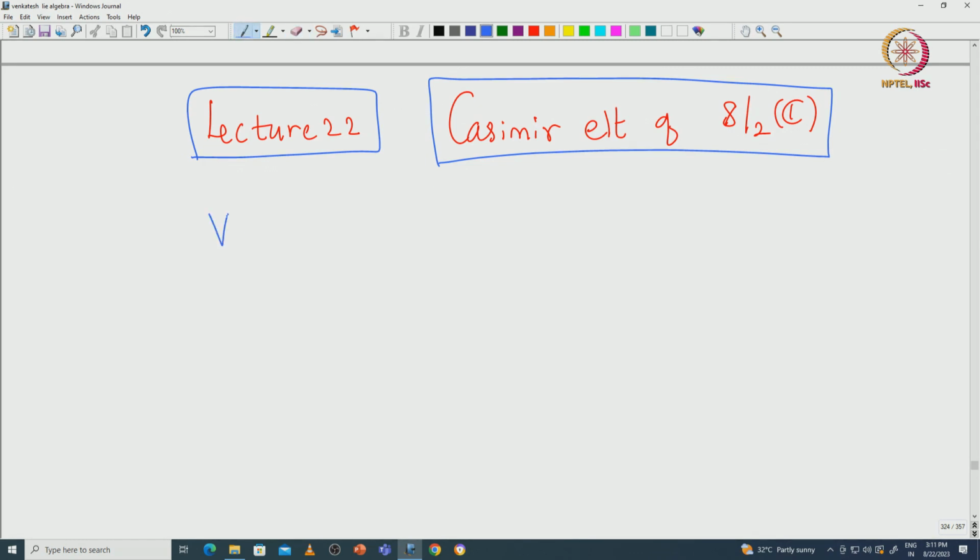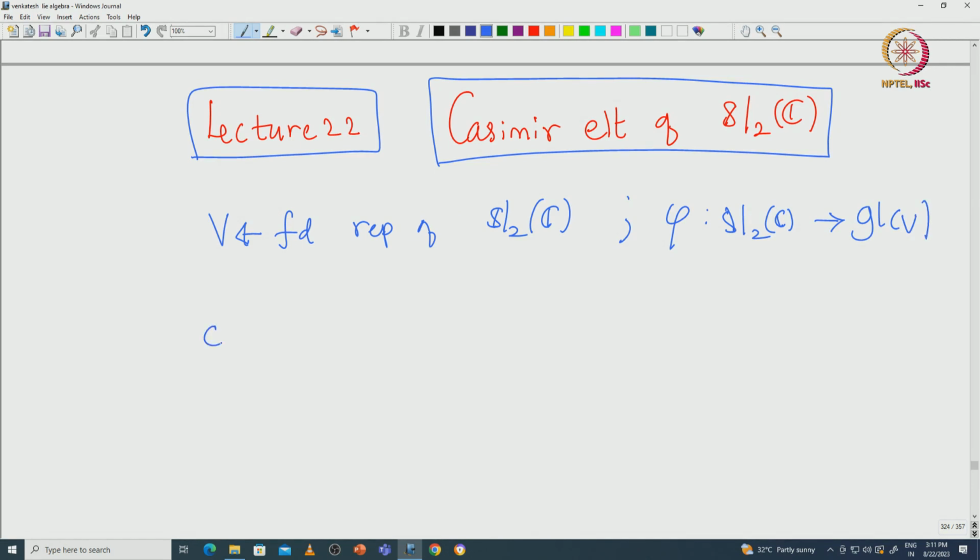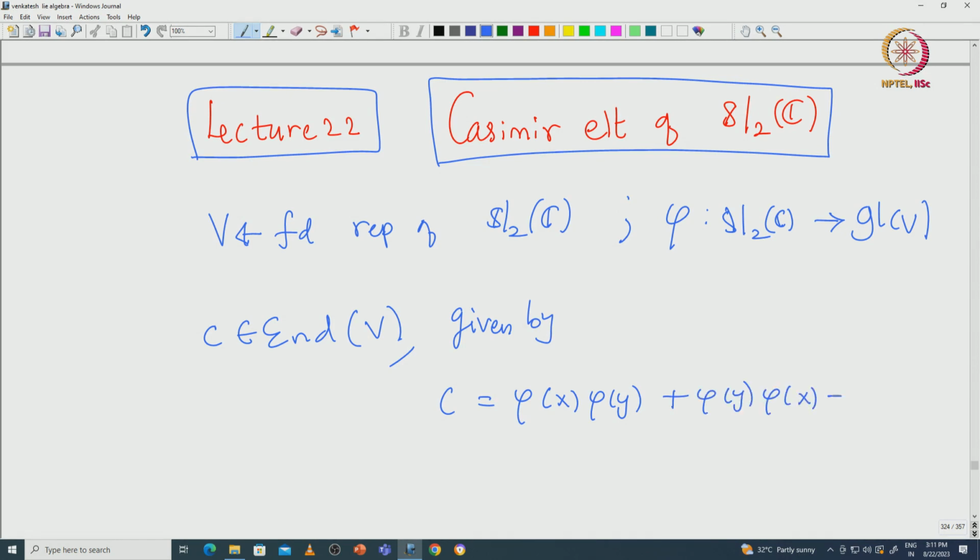You take V to be a finite dimensional representation of SL2C, say phi is the given map from SL2C to GL of V. Then the Casimir element, which is an element of endomorphism of V, is given by C equal to phi x phi y plus phi y phi x plus phi of h square by 2.